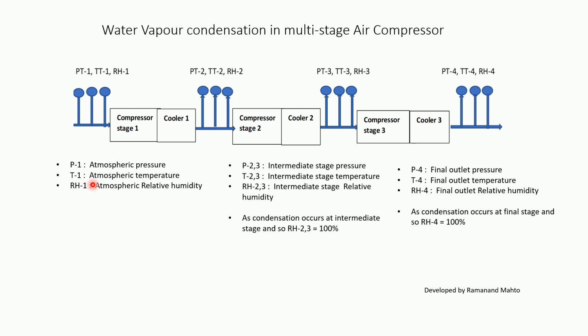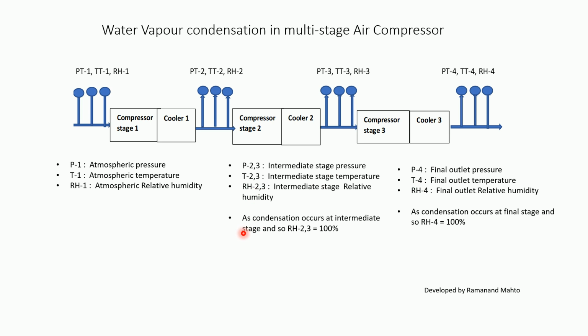So P1, T1 is atmospheric pressure and temperature, and RH1 is atmospheric relative humidity. P2 and P3 are intermediate stage pressure, T2, T3 are intermediate stage temperature, RH2 and RH3 are intermediate stage relative humidity. P4, T4 are final outlet pressure and temperature, and RH4 is final outlet relative humidity.